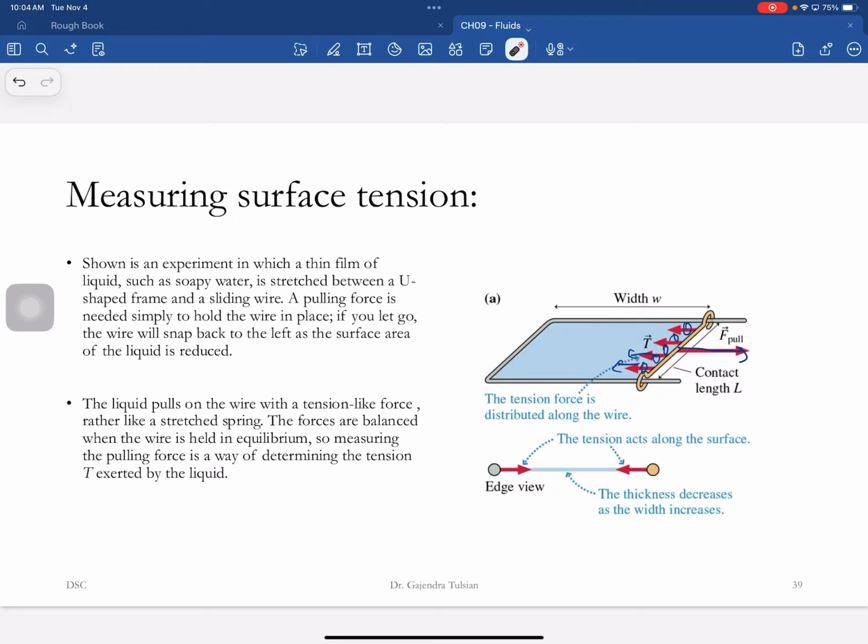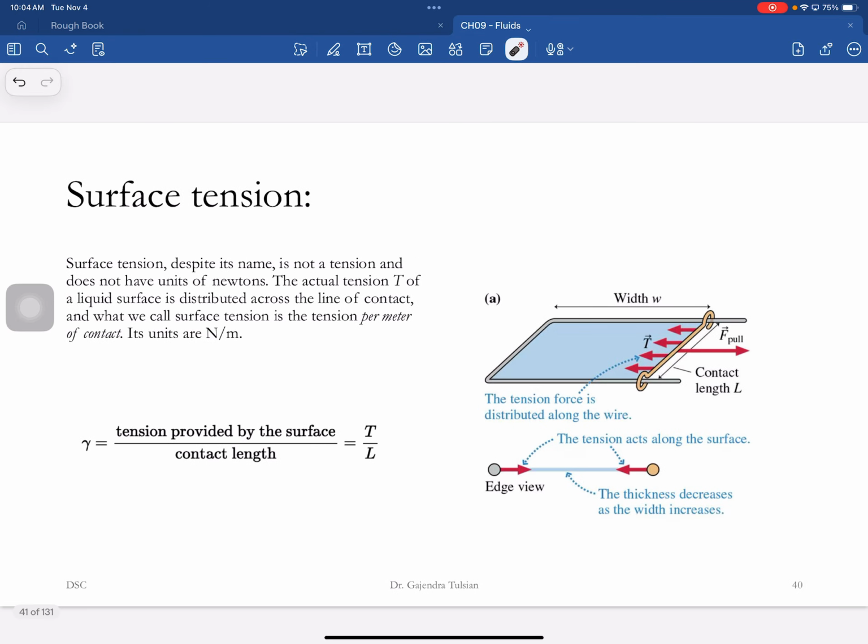The liquid pulls on the wire with a tension-like force, rather like a stretched spring. All right, so surface tension is actually force per unit length. So the longer this wire is, the greater the water will pull it back with. Okay, so the force that you're pulling with is tension.